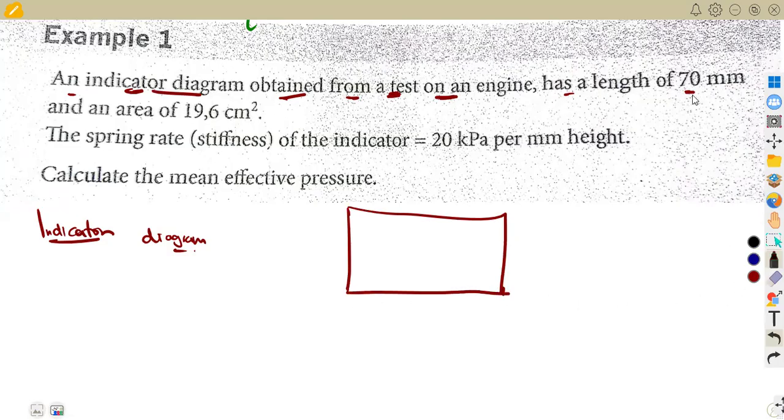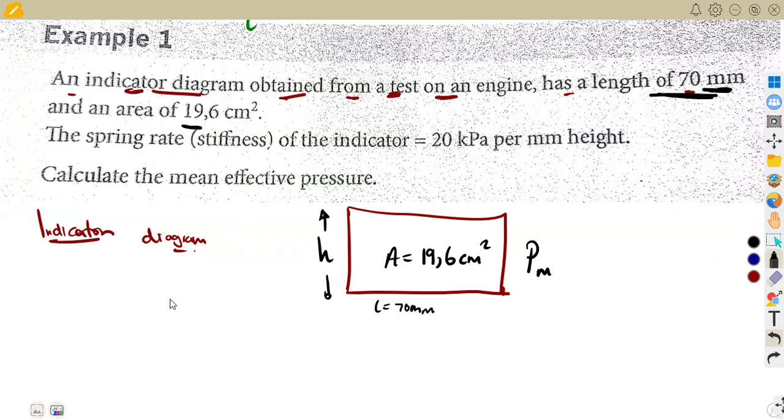We are given the length in millimeters. So this is the length, 70 millimeters. And also, we are given the area in square centimeters, which is 19.6 square centimeters. So like I said, you're supposed to also have the height, and use it to calculate the indicated mean effective pressure.